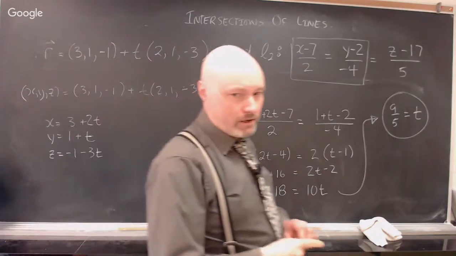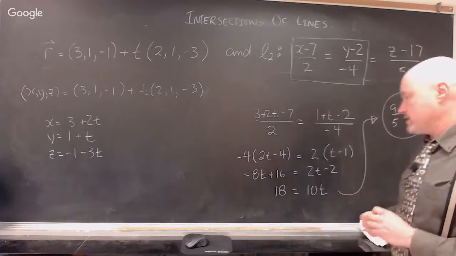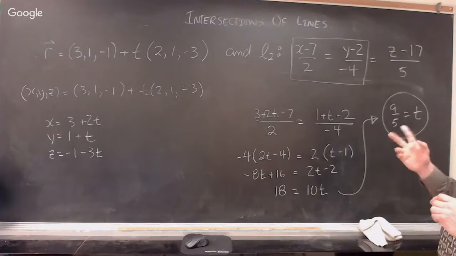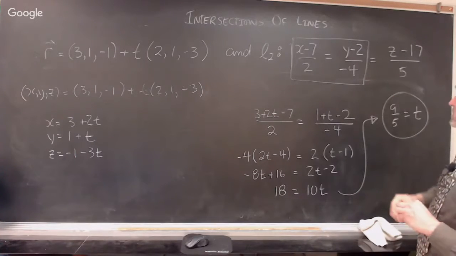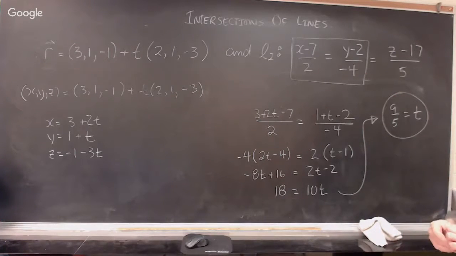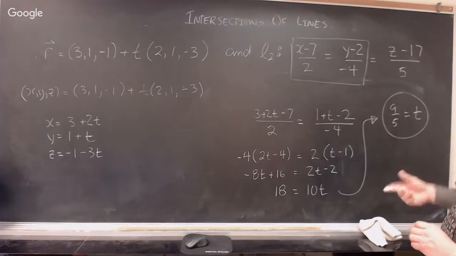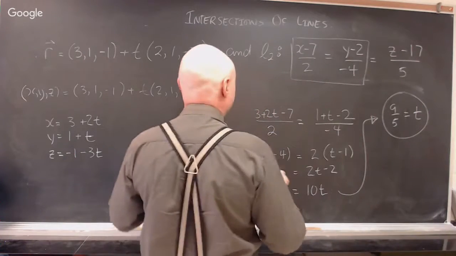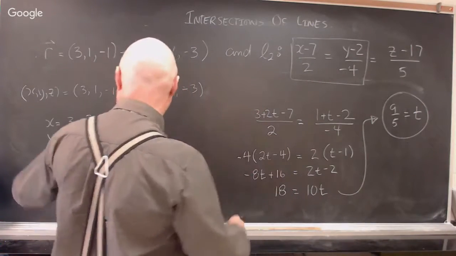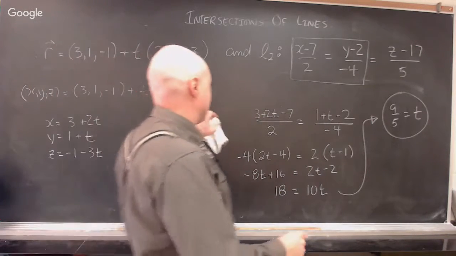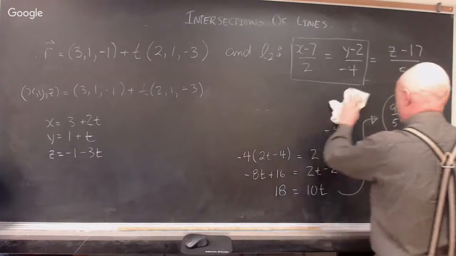Okay, I can go merrily along thinking, yes, 9/5 T, that's good, but I also have to make sure that this is going to be consistent if I plug it into these two. And so this is the second part. In order to check that out, I'm going to plug in Y and Z, the parametric version, into the symmetric over there.